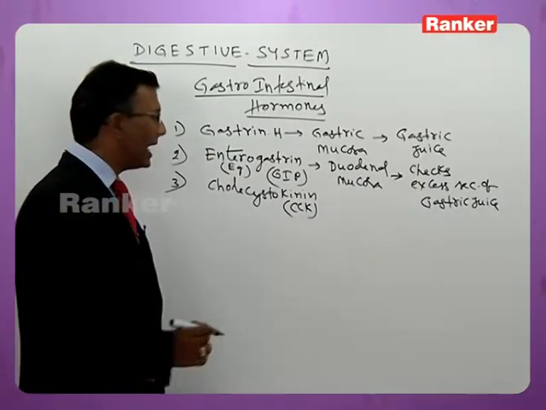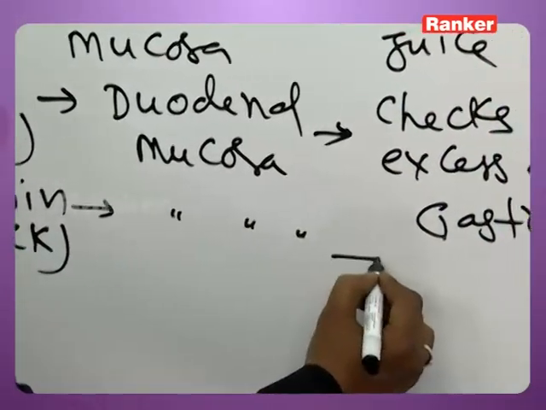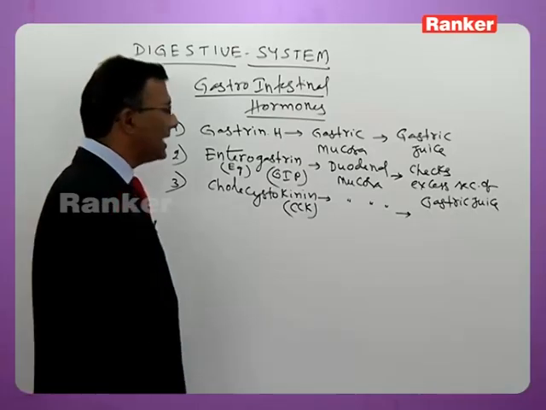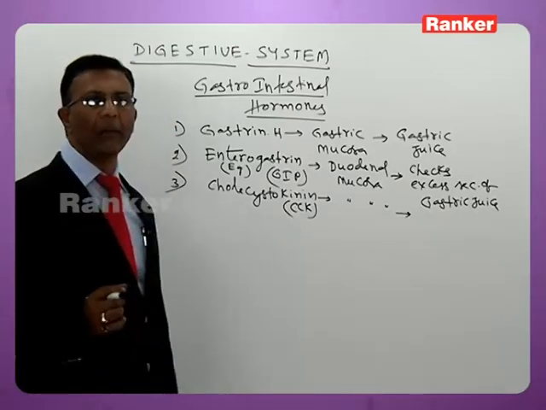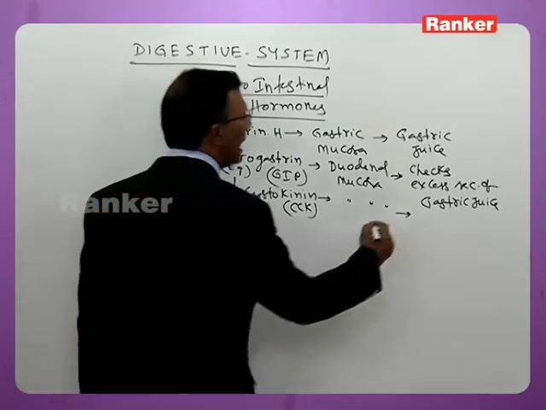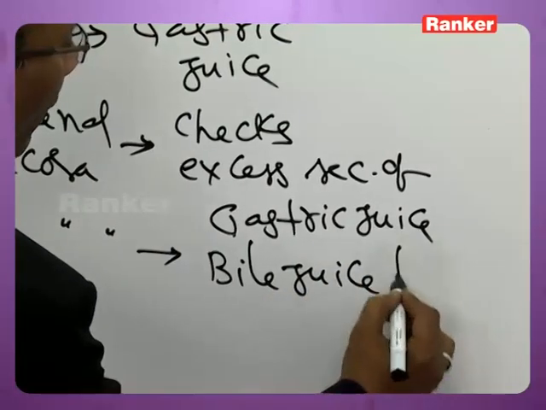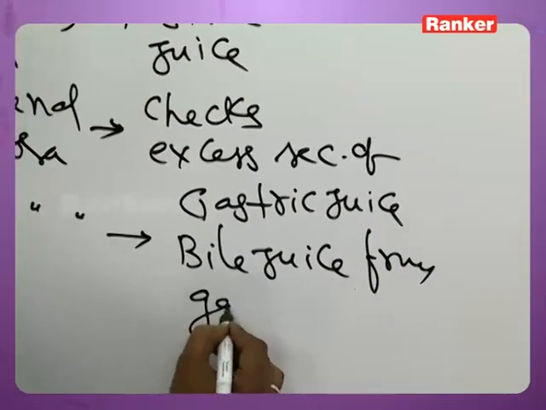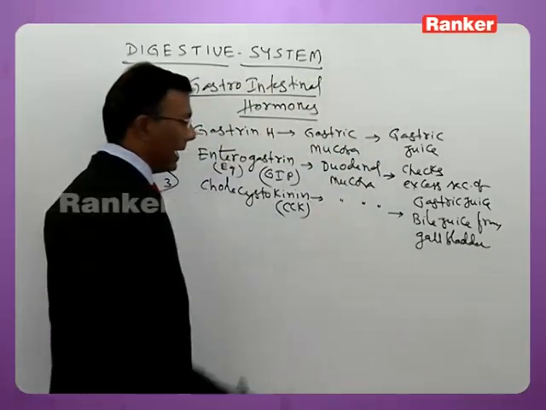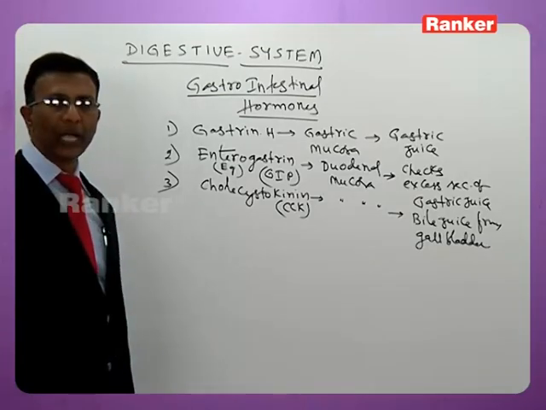Now the CCK is also secreted by the duodenal mucosa, and it initiates contractions in the gallbladder and thereby ensures the discharge of bile juice from the gallbladder. That is the function of cholecystokinin.